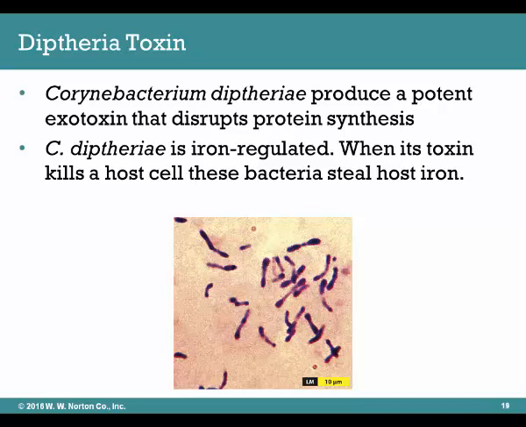So if there's too much iron, the toxin gene will stop making more toxin, but if there's not enough, it will turn on. This is an example of gene regulation that's important in the process of pathogenesis. It wouldn't need it outside of the host, but it does use this modification of gene expression to produce diphtheria toxin when it's needed inside the host.